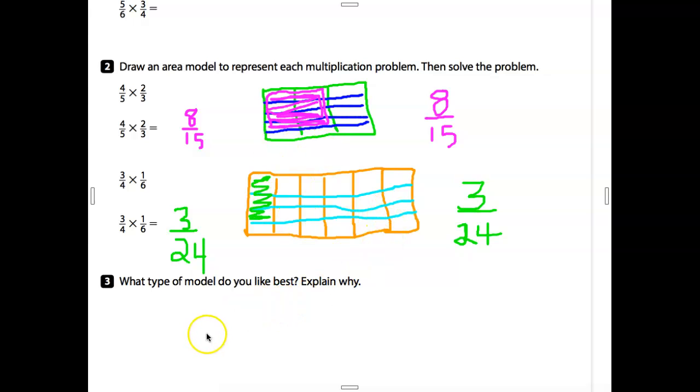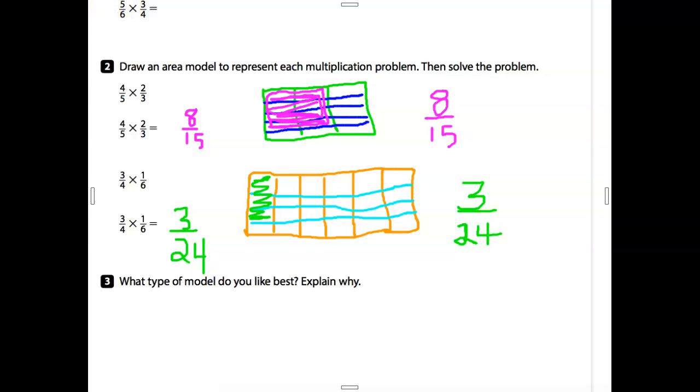So you decide which model you like best, and you write down a sentence or two there on which one and why you like it, okay? Because really you could take these and do the number line model with them, and you could take these and do the box model. So you can pick either one. It's just giving you a choice, and you decide which choice you like better.